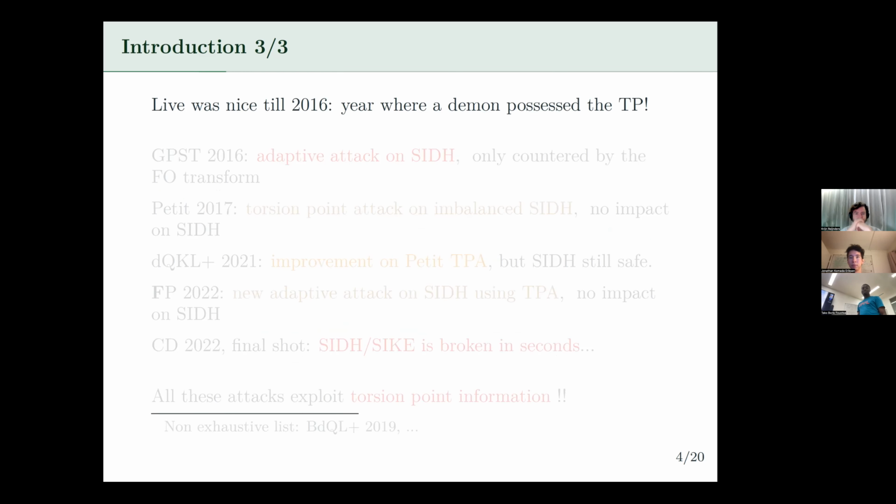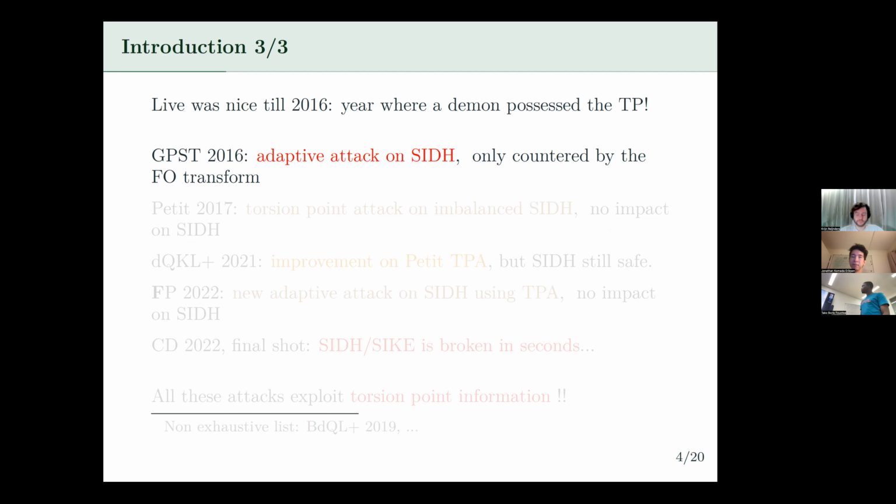With this, everything was good till 2016, when SIDH was submitted to the NIST competition. Then we had the first important cryptanalysis result on SIDH, the GPST adaptive attack in 2016.